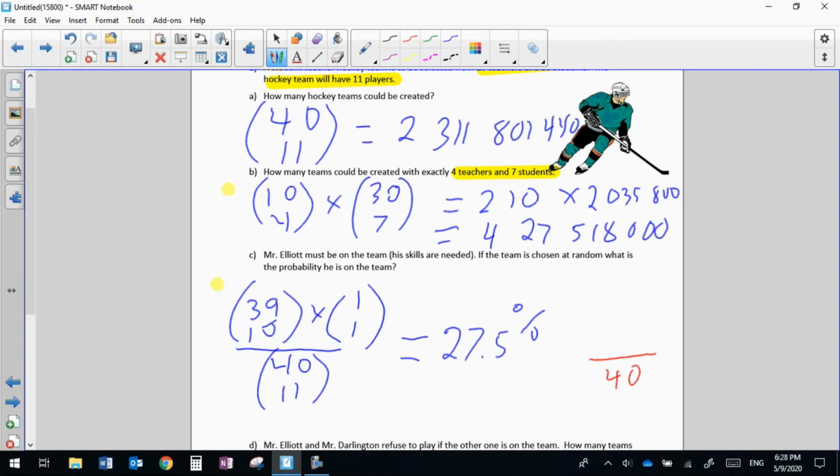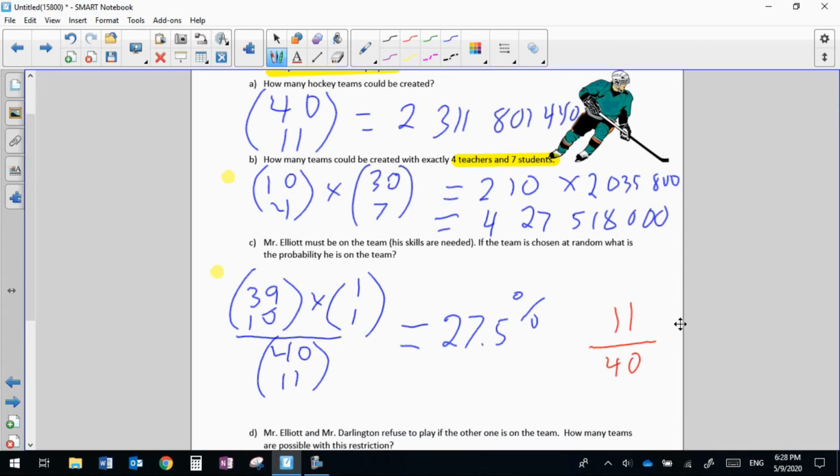What's the probability Mr. Elliott's one of them? 11 out of 40. Imagine drawing your name out of a hat and doing it that way. There's 40 people who want to be on the team. There's 11 positions. It's not a big surprise that 11 divided by 40 will still give you 27.5% as well.